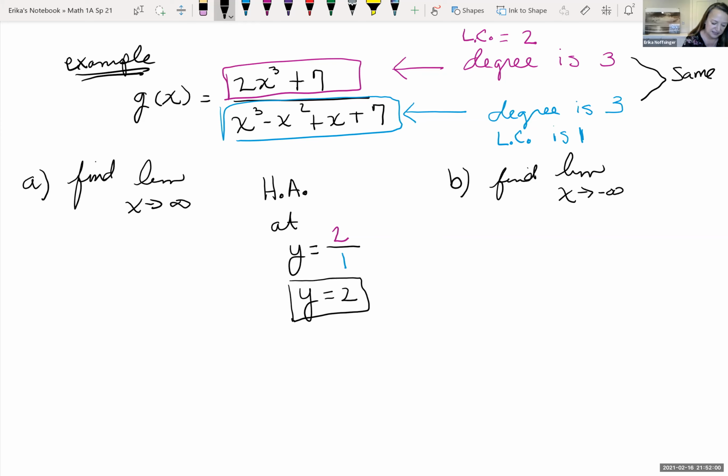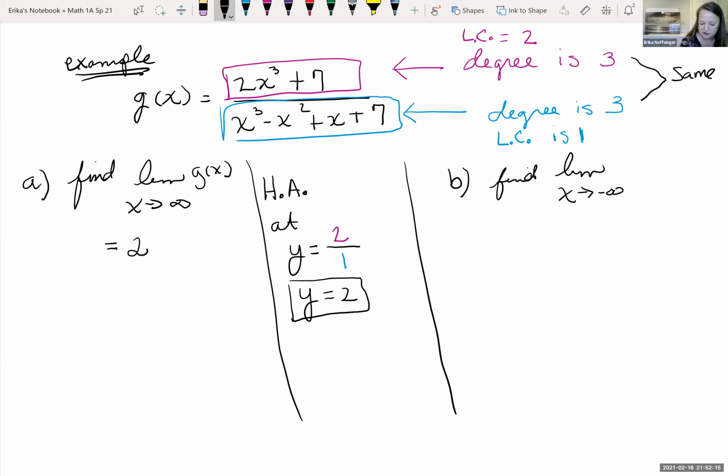So if I'm looking at the limit as x approaches infinity of g of x, I know that this value is going to give me back 2. And if I look at the limit as x approaches negative infinity of g of x, this is also going to equal 2.